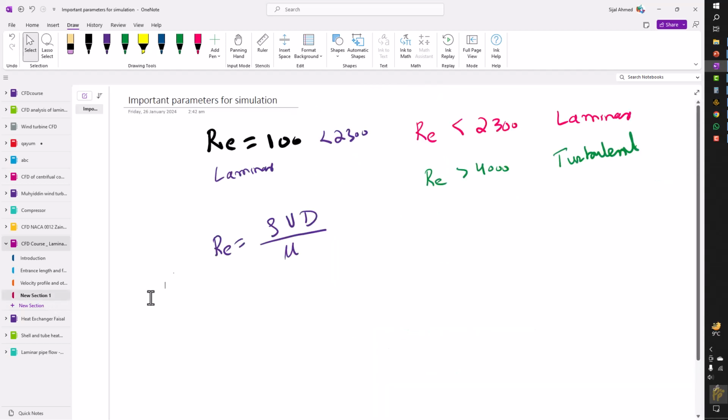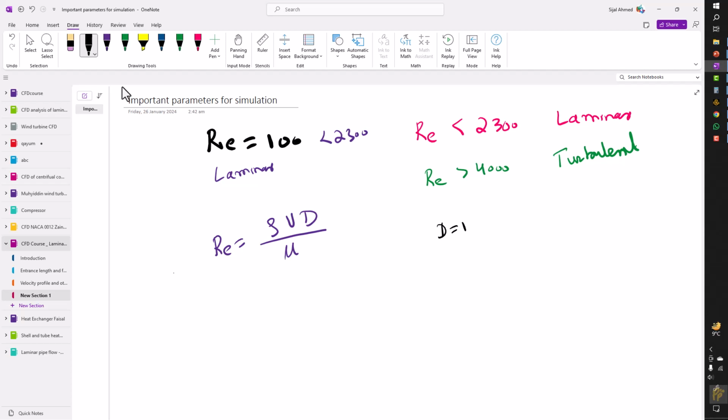So we know that diameter is equal to 1 meter. So we can write down diameter is equal to 1 meter. The Reynolds number is 100. And now we will assume a few things here because in CFD we can assume any property that is not practically possible in wind tunnels or in the labs.